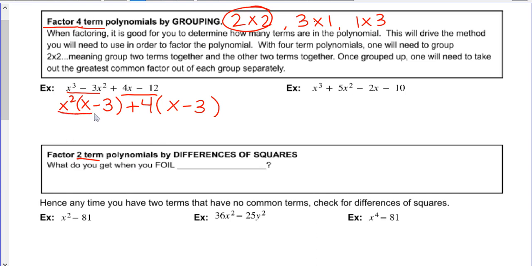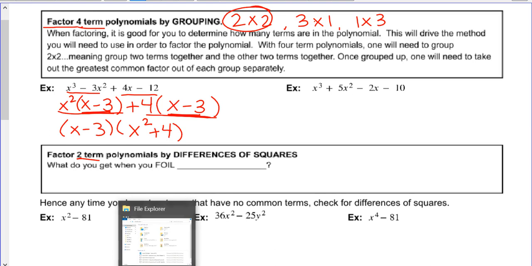That might be easier. So I'm hoping you realize or see now with these 2 terms that there is an expression that's in common. So looking here and looking here, the x minus 3 is in common with both. So I'm going to take that out in order for it to be completely factored. And what I have left over, remember, ends up being the terms that are in front of those parentheses. So an x squared plus 4 would be my answer. Now, we would have to double check. Can I go further with this?